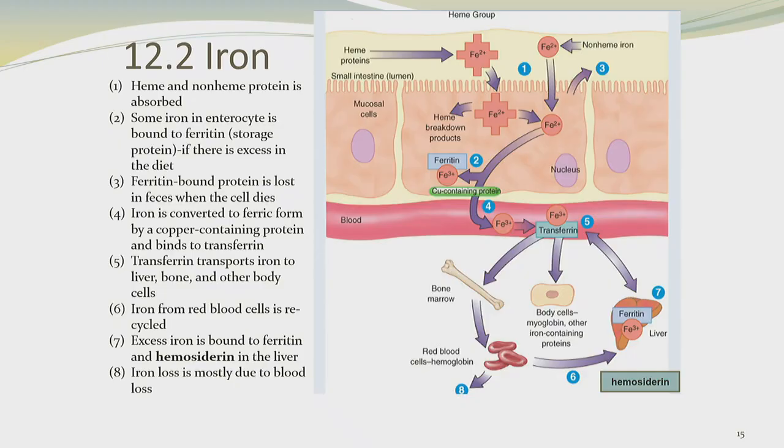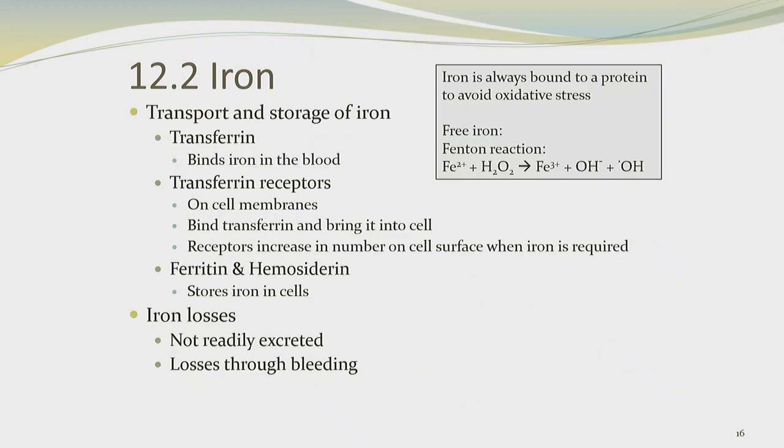It can be stored in muscle as well, or it can also be stored as ferritin in the liver. Okay. And then when we have really high levels, you have it going into hemosiderin, also another storage form when you have very high levels of iron available.